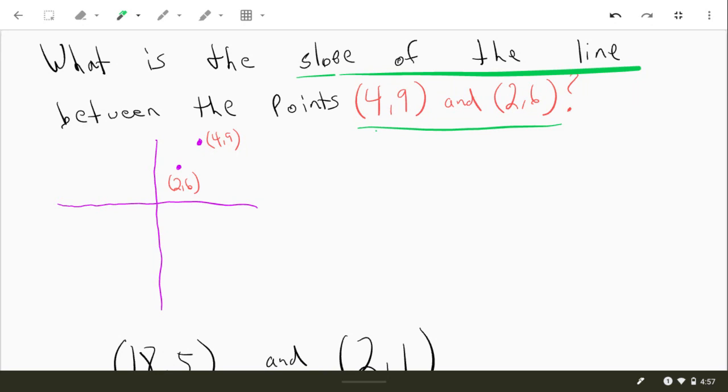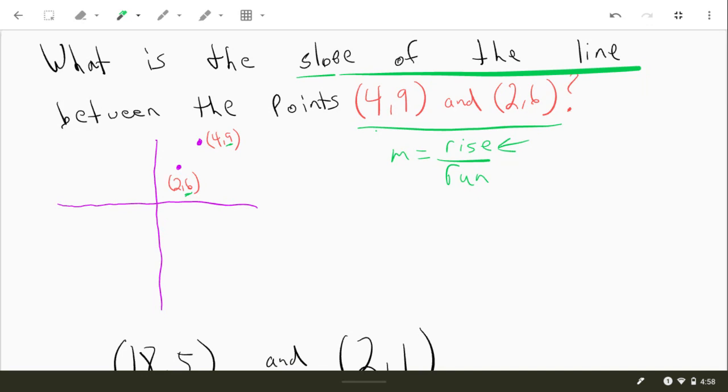So let's just say you imagined in your brain the 2 points plotted there. Remember that the slope is always rise over run. The rise is the up and down distance between the 2 points, and that has to do with the y values. Here, this one's 9 high and this one's 6 high, so to get from the first one to the 4, 9, you have to go up 3.